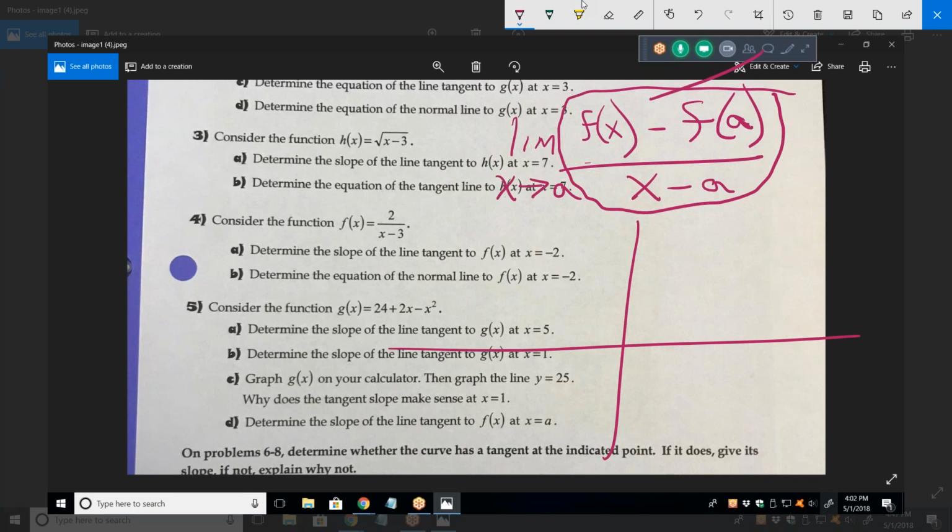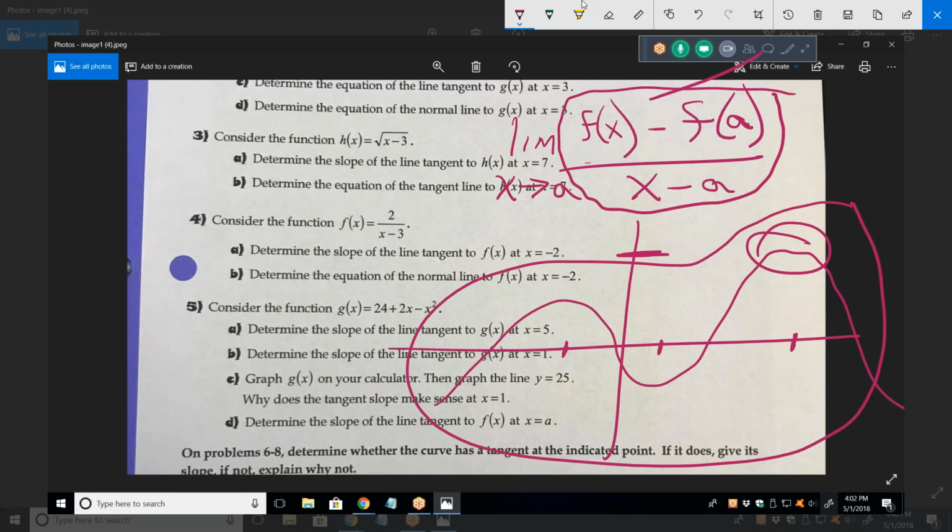If I draw a function like this, why is it so key to know the slope of the tangent line? Because where are the key points on this function? Right there, and right there, right? I want to know where that happens, because that point right there gives me the maximum value for the function. So if you tell me what this function is, I'll apply the power rule, come up with the slope of the tangent line, set it equal to 0, and it will locate that point and that point.